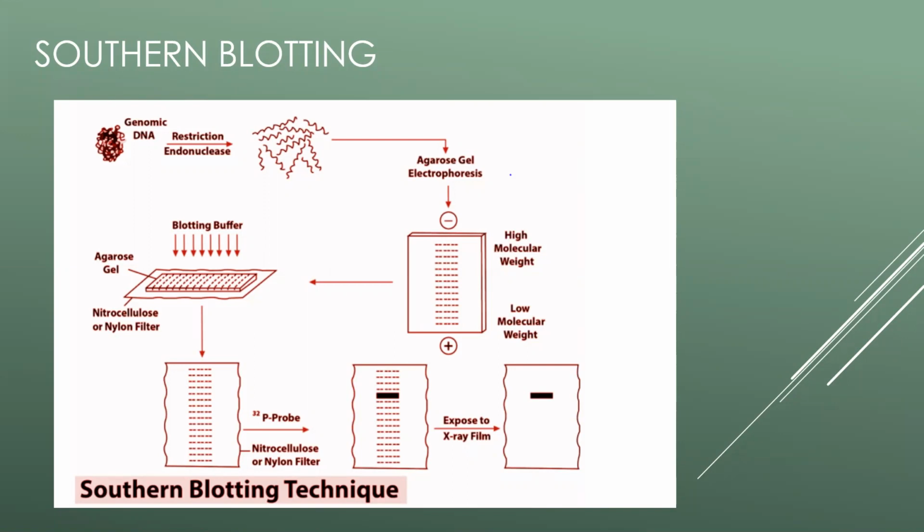The rate of migration of DNA depends on size and shape. In general, smaller linear fragments move faster than the larger ones. Hence gel electrophoresis can be used for the separation of a mixture of DNA fragments based on their size.